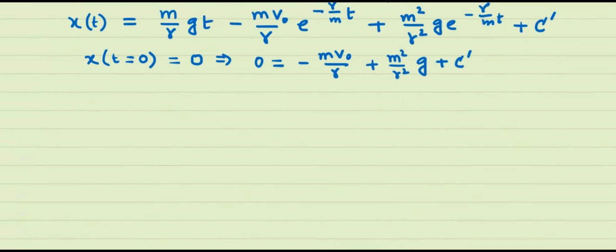Well, this results in c prime equals m v naught divided by gamma plus m squared divided by gamma squared times g.